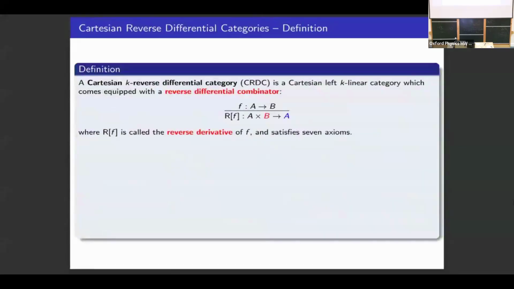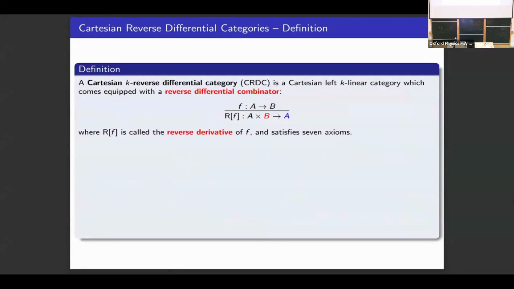Okay, now let's go reverse mode. A Cartesian reverse differential category this time comes equipped with a reverse differential combinator, which picks up any map from A to B and spits out this reverse derivative, where now it's important to keep track of the types of things. Because look, all of a sudden I had a B in my codomain, and now there's a B appearing in my domain.